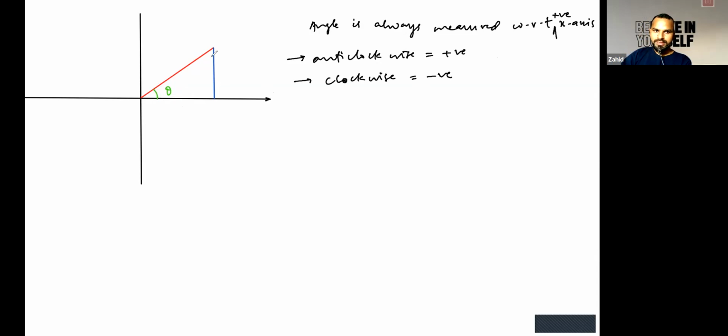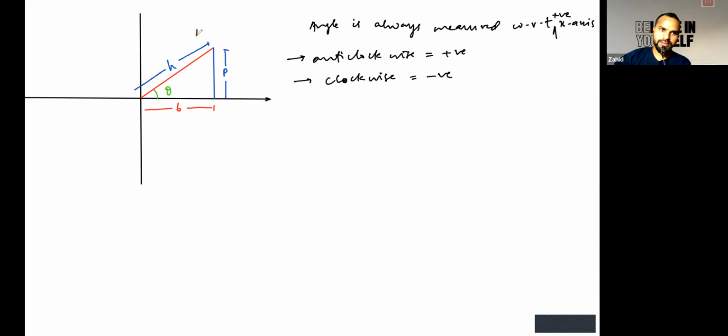Now, how to define its different dimensions? Let's say this is a base which will be along the positive x-axis, so it will be positive. This is your perpendicular along the positive y-axis, so it will be positive. And hypotenuse is nothing but the square root of the sum of squares of base and perpendicular, so it will be always positive. So you will say in the first quadrant, from 0 degree to 90 degree, the trigonometric ratios for all different angles would be positive.